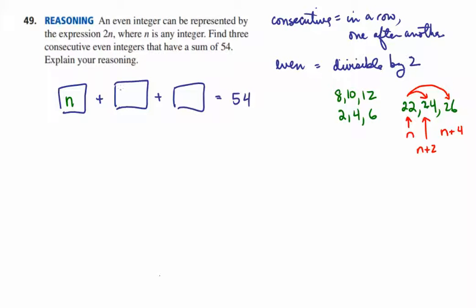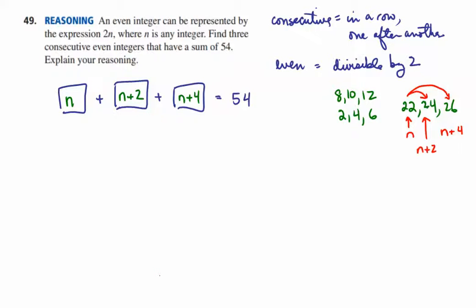The first number that we want is n, the second is n plus 2, and the third is n plus 4. You can't simply write plus 2 in the second box. It's the first number plus 2, or 2 more than the first number, so it's n plus 2. And the third one is 4 more than the first number, so it's n plus 4. Now once you get that, hopefully it's pretty straightforward.